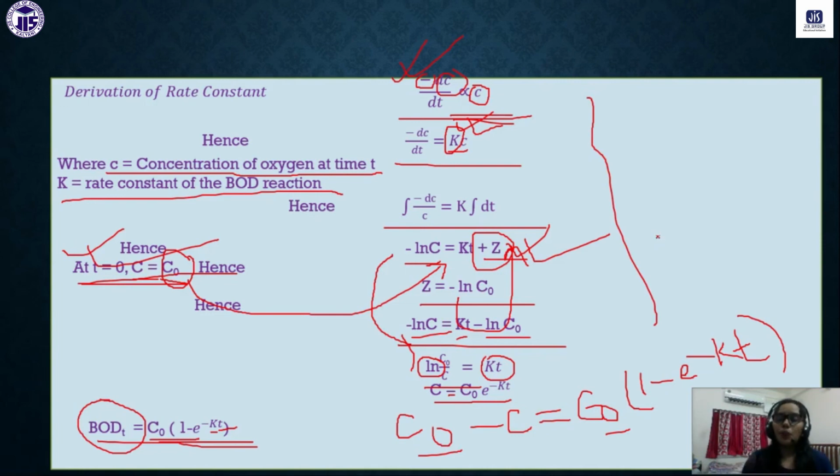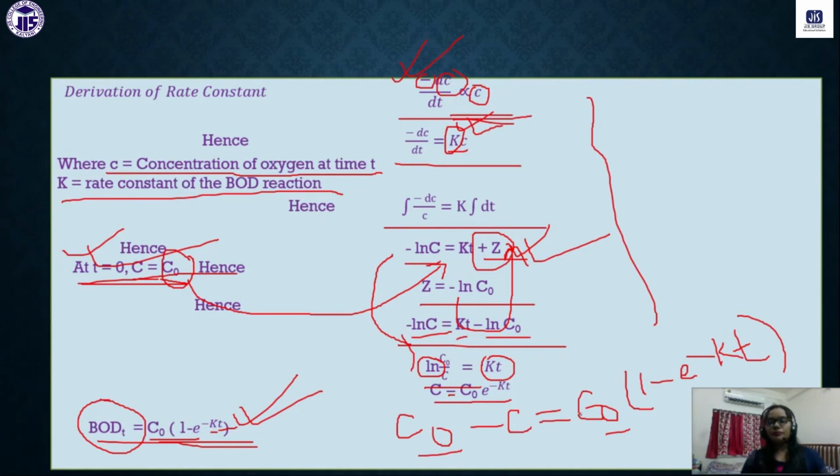Very, very important. From this portion, you can have this type of question: derive the rate constant of the BOD reaction, or prove that BOD at time t equals C0 into 1 minus e to the power minus kt. Prove it. So that time you have to derive it this way.